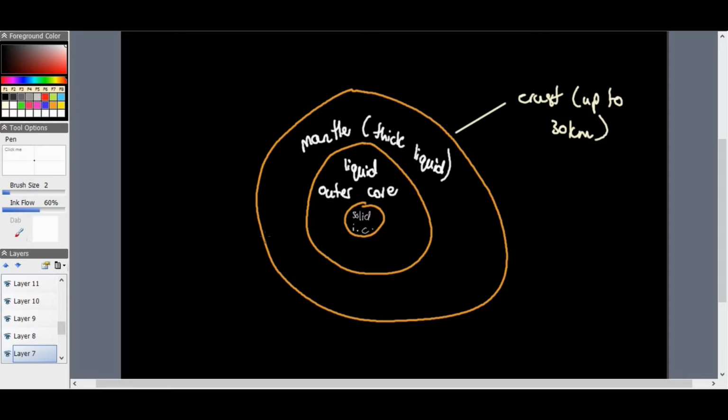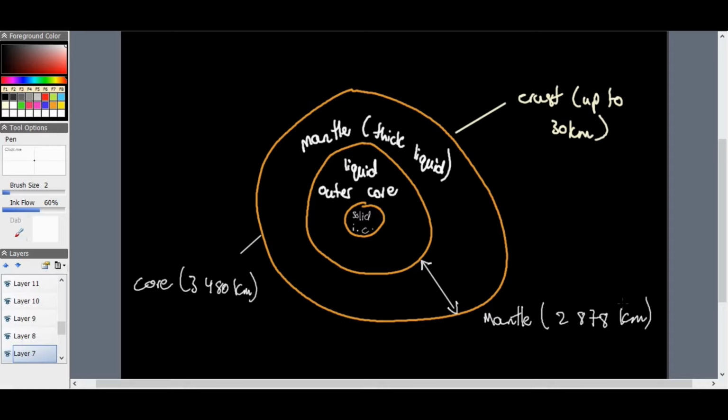Another piece of information is that the core of the Earth is roughly about 3,480 kilometers. This width here is obviously not scaled, but the mantle, the thick liquid there, is about 2,878 kilometers.